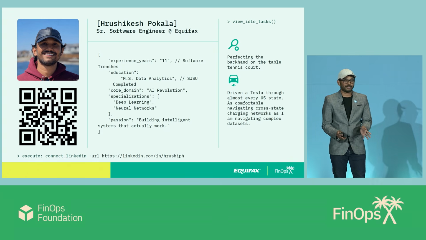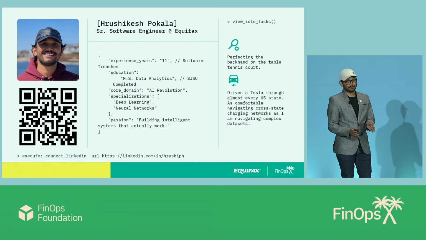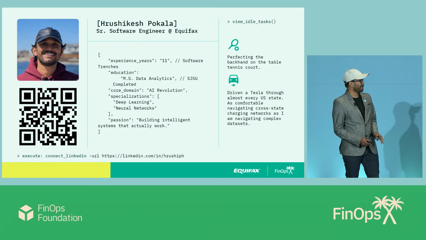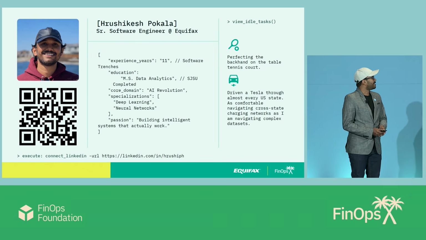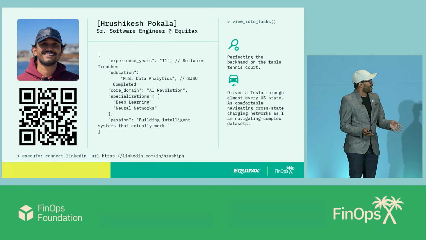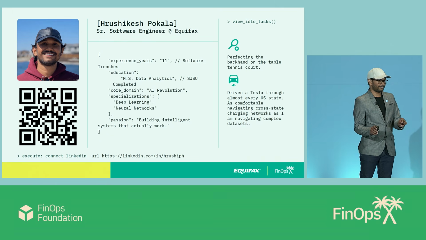Before I jump into the topic, let me introduce myself. My name is Hrushikesh Pokala, and before someone says what a typical name, you can call me Rishi. I hear that a lot with my name, and I'm a senior software dev at Equifax, and I can help you with your credit score, but not just with the if condition.